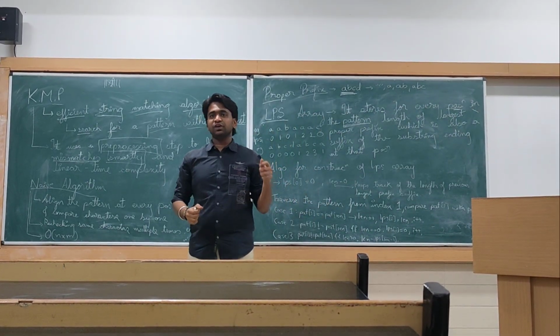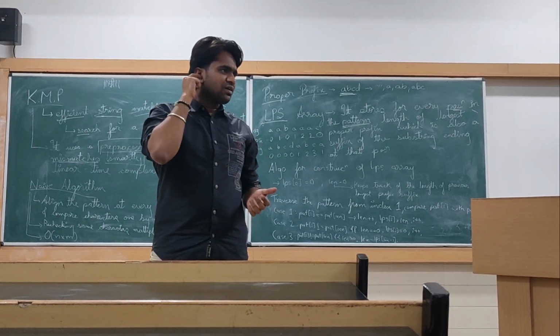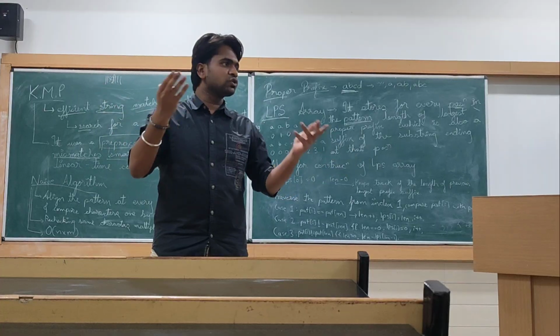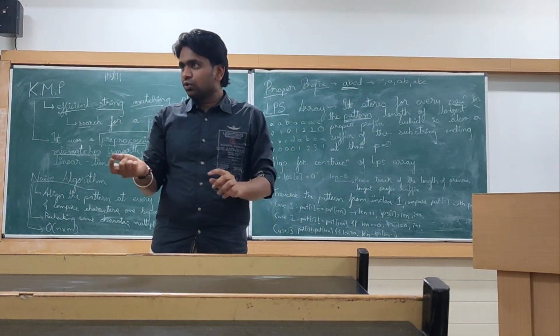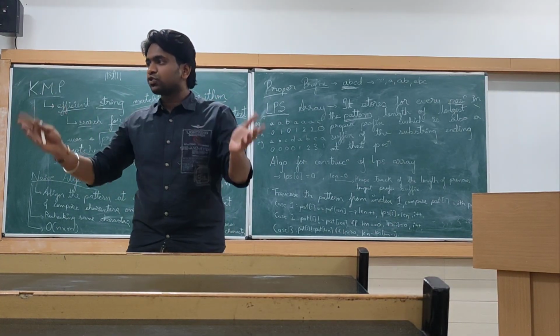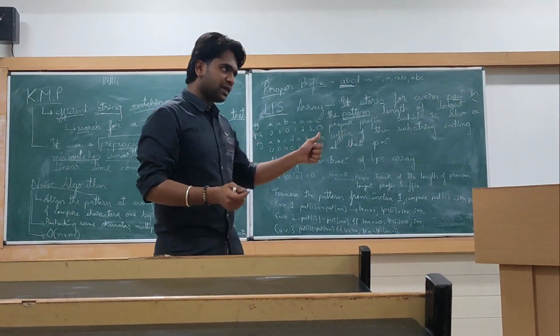Firstly, always remember one thing, we are pre-processing the pattern, not the text. Why? Because obviously the pattern would be way smaller compared to the text, right? What will you do by pre-processing the text? You have to find the pattern again and again in the text. So if you pre-process the pattern, that would help you more, right?